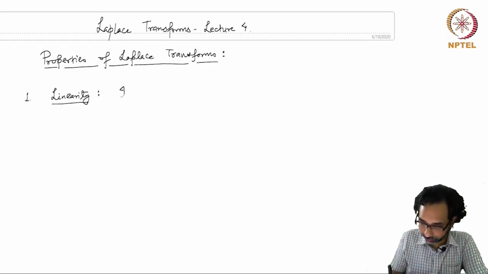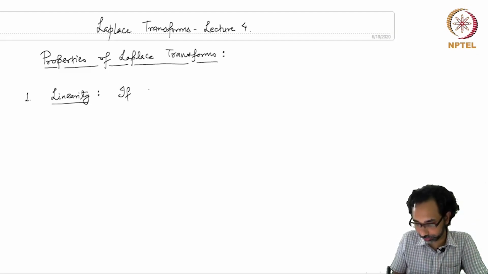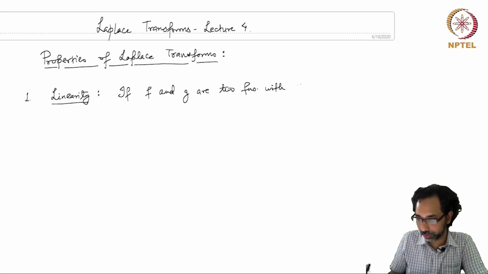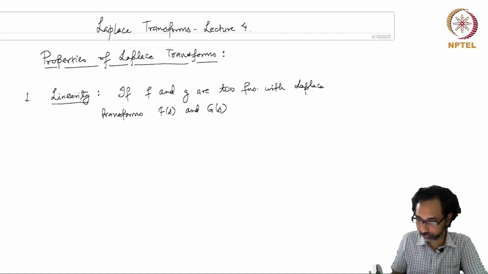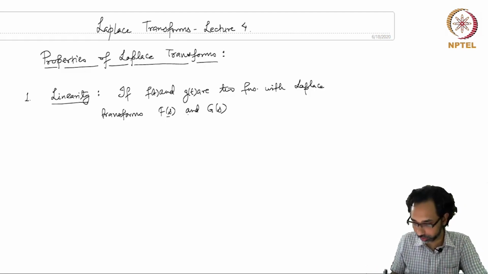It says that if f and g are two functions with Laplace transforms F(s) and G(s), so our functions are variables in t, and the Laplace transforms are variables in s.